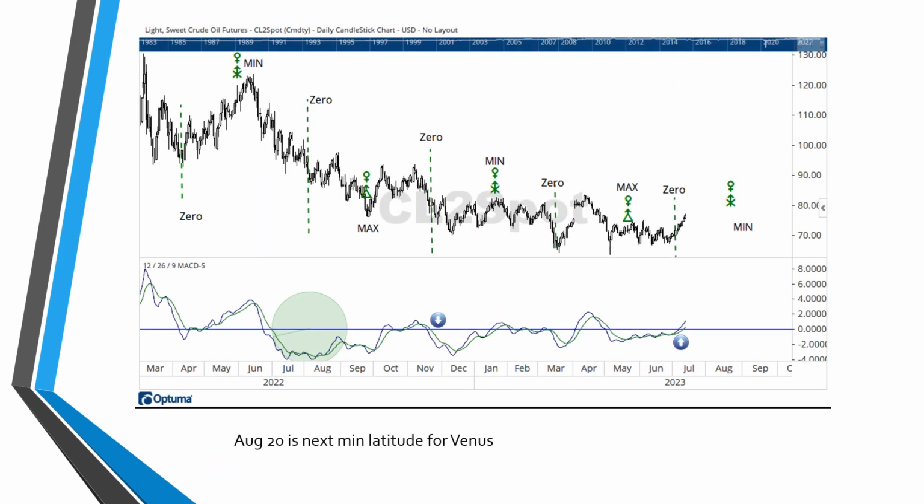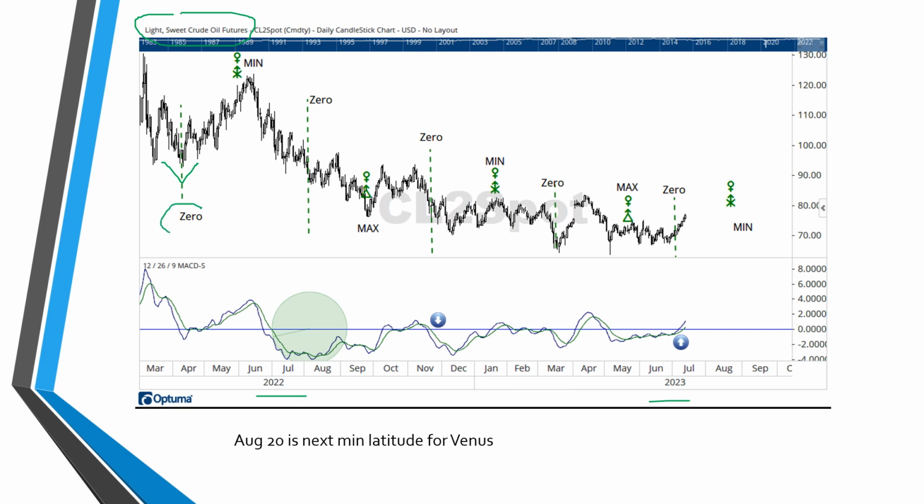Now, let's take this one step further here. Crude oil. Here's a chart of crude oil futures, WTI. And let's look at crude oil in the context of the planet Venus. And so here's a chart that covers a good portion of 2022 and 2023 to date. You can see that in April of 2022, there was a significant swing point on crude.